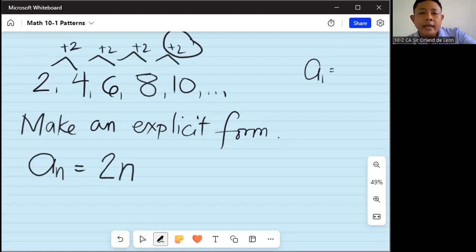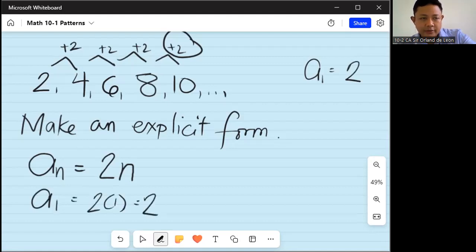For example, A sub 1 is 2. Can you follow? So if we try A sub 1 is equal to 2 times 1, what's the answer? Type it in the chat box, please. It's 2, correct. So therefore, this one is correct.